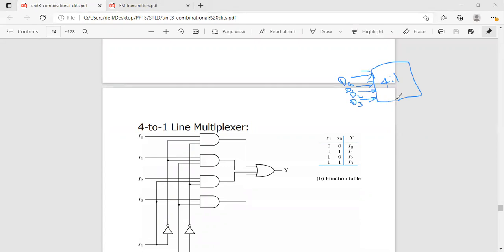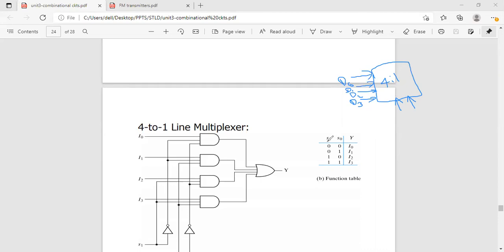How many select inputs do we have? 2 select inputs. For the 2 select inputs, you can assume S0 and S1, or else you can represent them with A and B. If you write S0 and S1, S0 will be in the LSB position, and you have to write S1 in the MSB position.